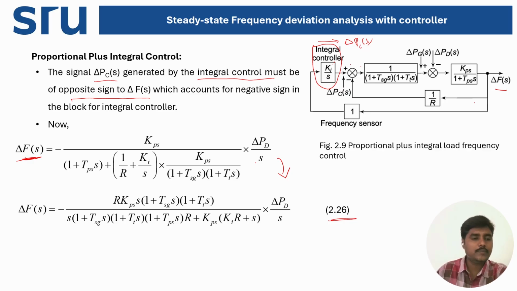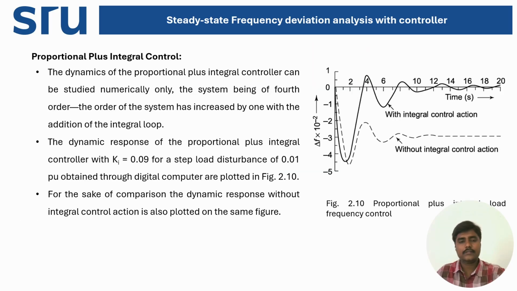By using this particular delta F of S, if we observe the controller response, the steady state frequency error is now coming very close to the x-axis, and after a certain duration of time it may become exactly equal to 0. Now you can have two different cases in the same graph.